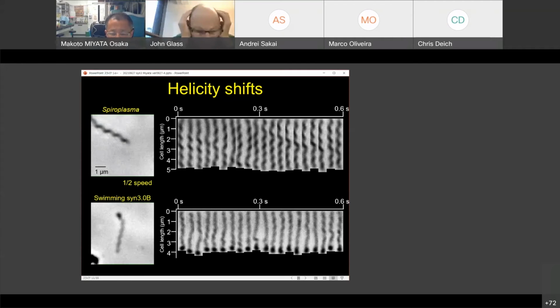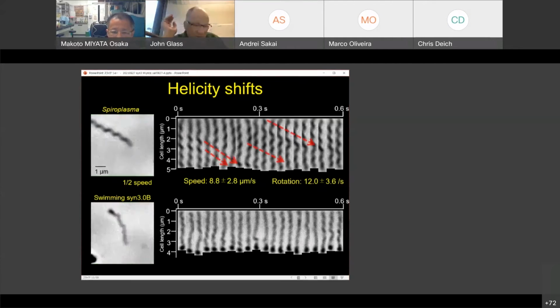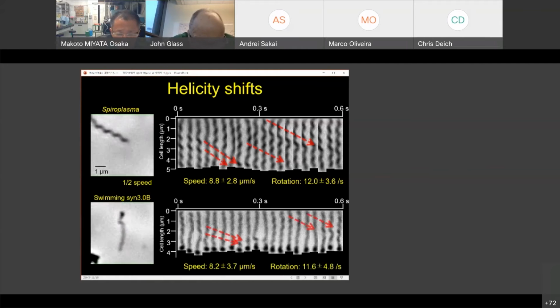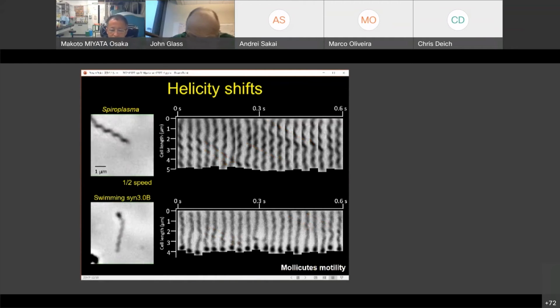We can find that the helicity shift travels along the cell axis, and the traveling speed for the Spiroplasma cells was about 9 micrometers per second, and the rotation speed is 12 rotations per second. The swimming SYN3 was similar to the Spiroplasma cells, but something is different.